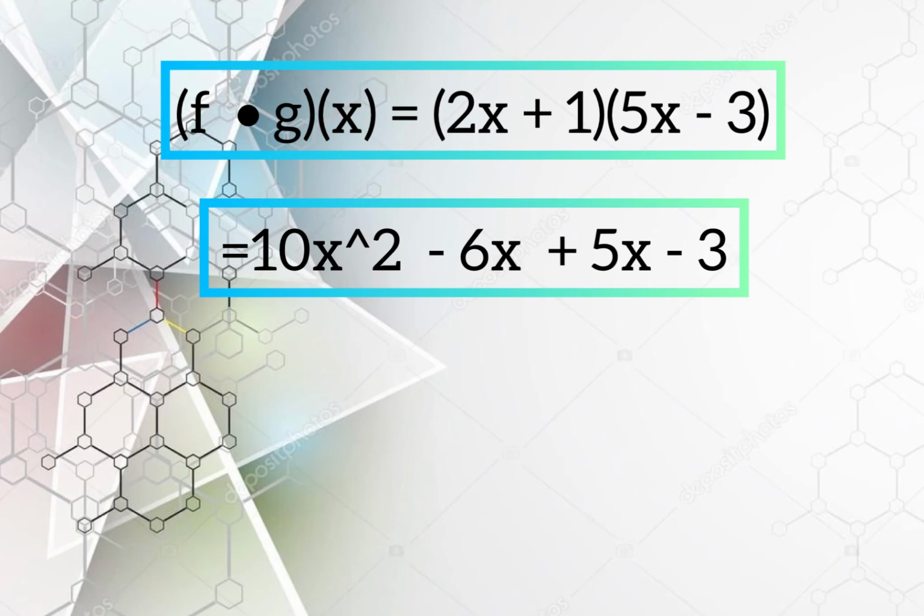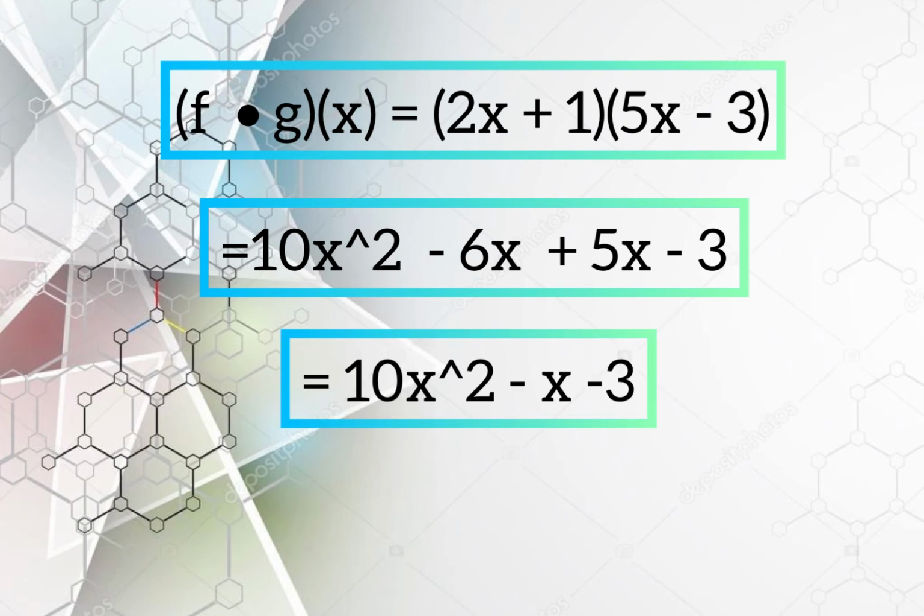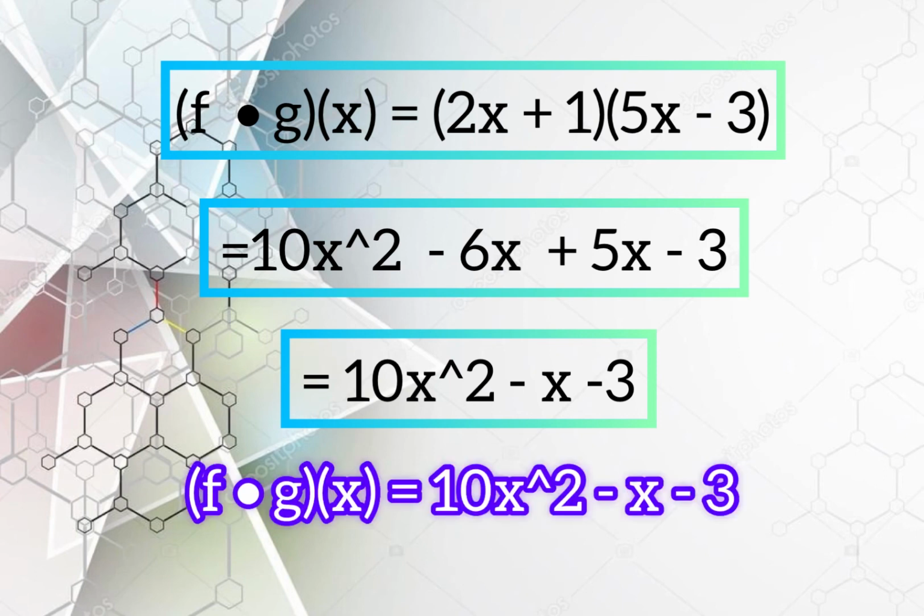Then we find like terms, so it will be 10x to the second power minus x, because minus 6x plus 5x is equal to minus x, so it will be minus x minus 3. And the final answer will be parenthesis f times g parenthesis of x equal to 10x squared minus x minus 3. And this is how we solve the operation with function in the multiplication.